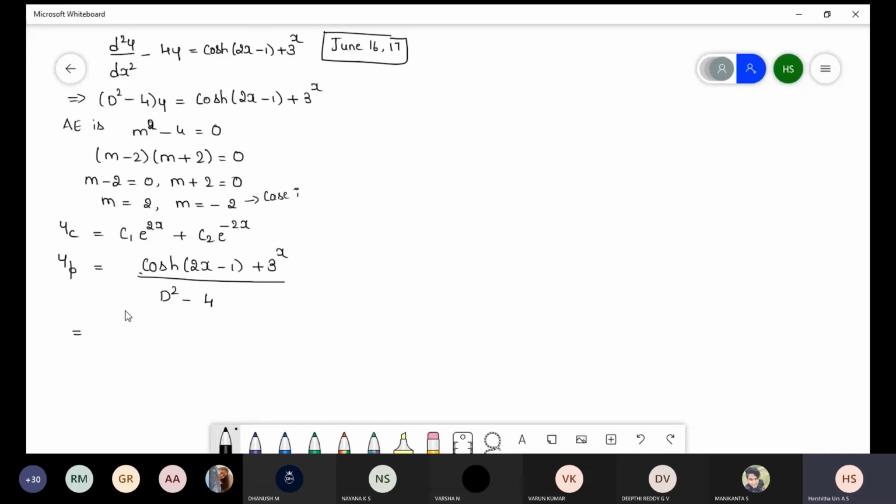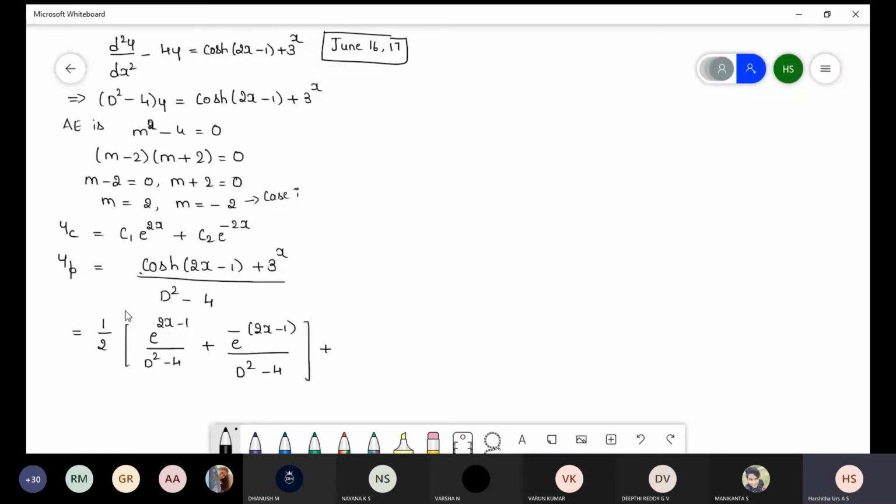What is that formula? It is 1 by 2 into e^(2x−1) divided by D² minus 4 plus e^(−(2x−1)) divided by D² minus 4.